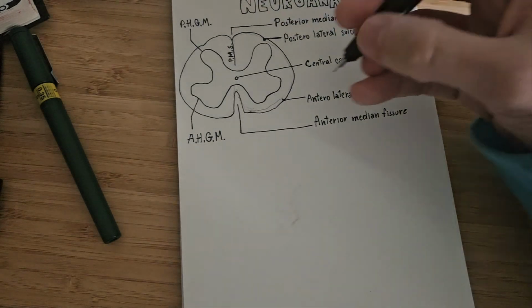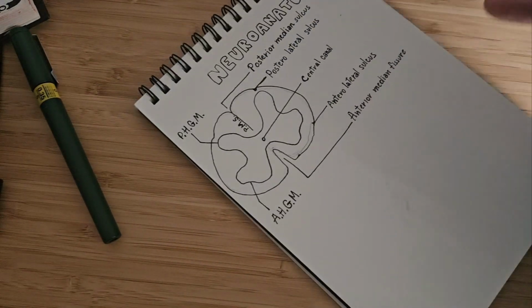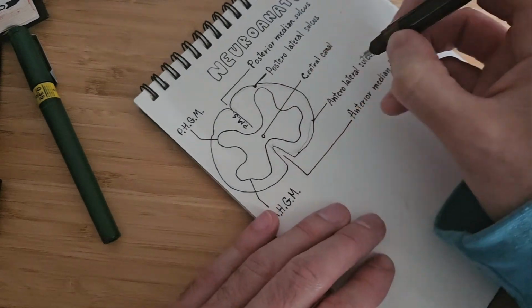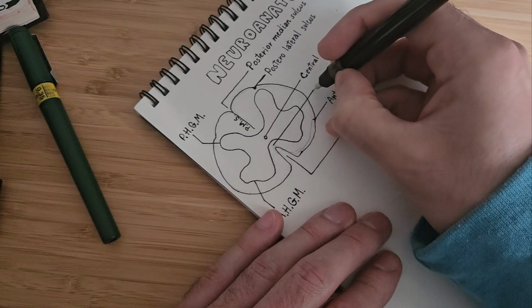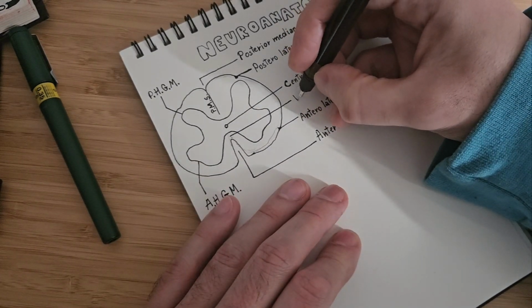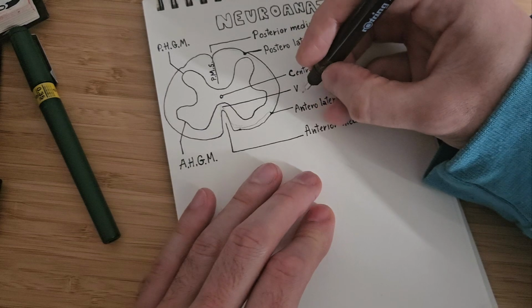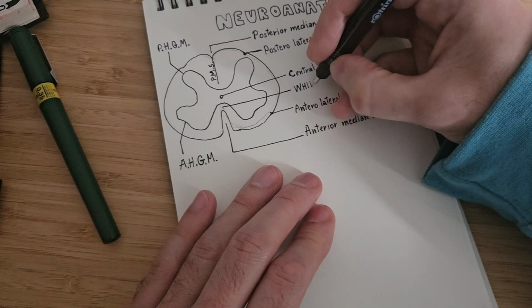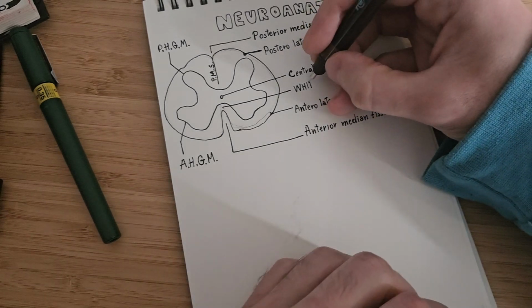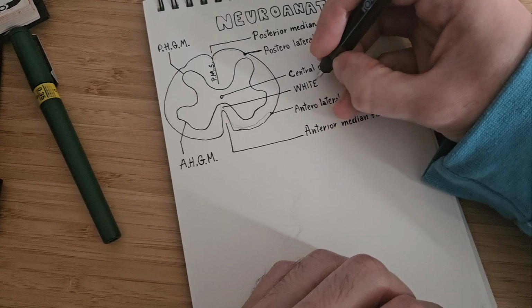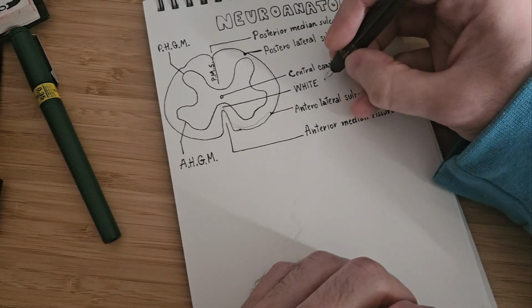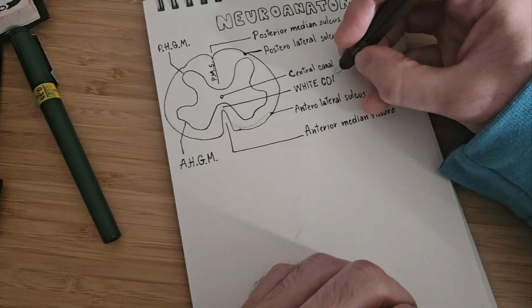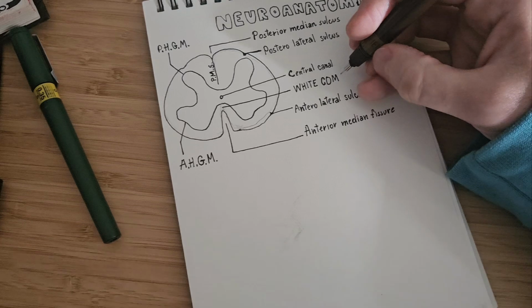Now this one is the white commissure. So let me just label white commissure. In the end I wrote with a capital letter.